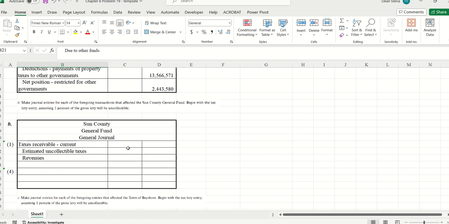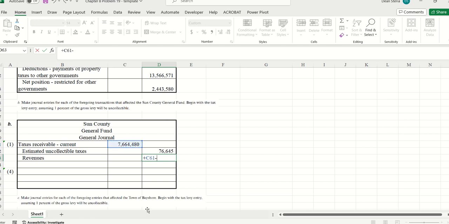So we come back down here and we put that in as 766,480. And then here we're going to take 1% of this. Remember, right there it says assuming 1% of the gross will be uncollectible. So 1% of that is going to be uncollectible. So how much is going to be our revenues? We're going to take that and subtract that, and that gives us our revenues.